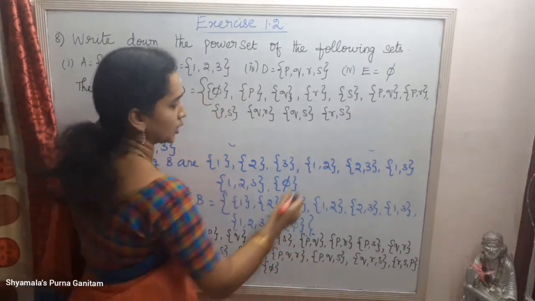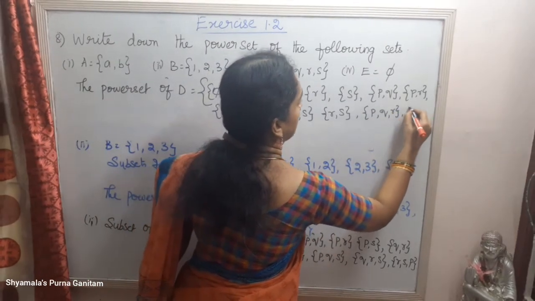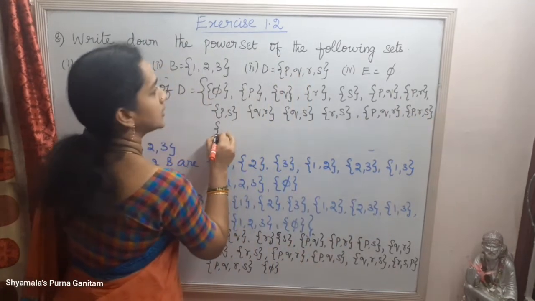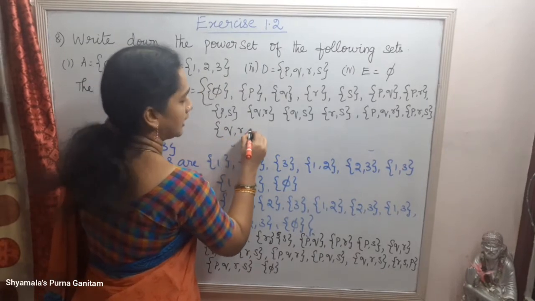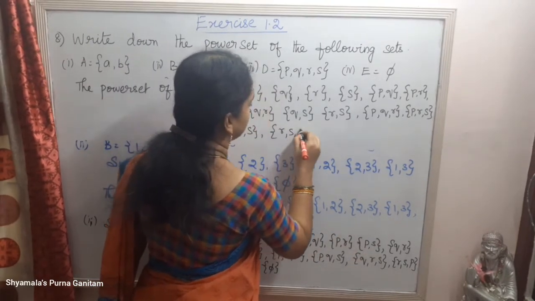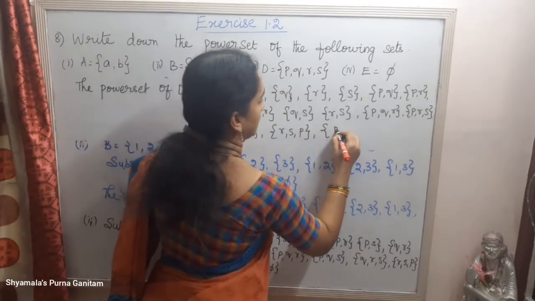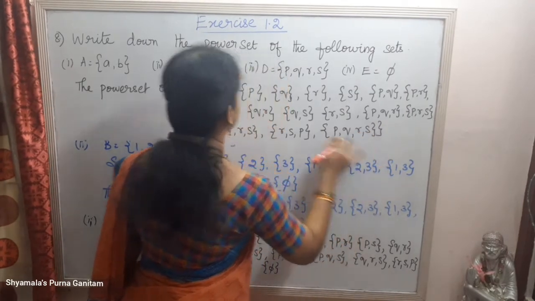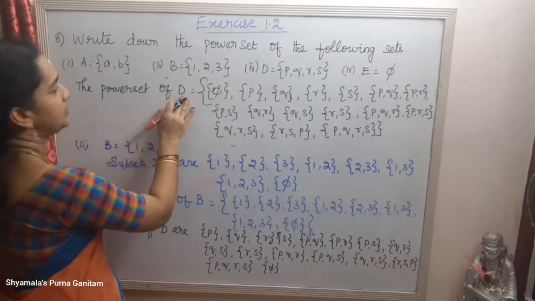So two-element subsets are over. Then PQR and PRS, then QRS, then RSP. Then four elements together, PQRS. So these are the power set of set D.